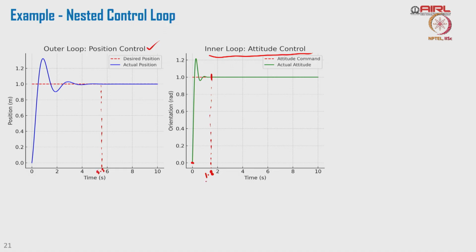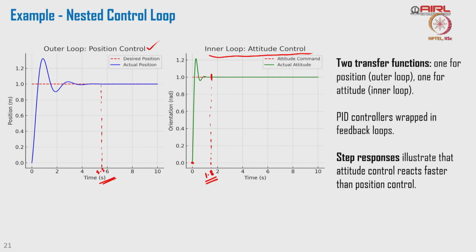So we can see that this is stabilizing much earlier than the position control. Position control or outer loop controls work in a slow manner compared to the inner loop attitude control. For this kind of nested control loop, there will be two transfer functions, one for position or the outer loop and another for the inner loop for attitude control.